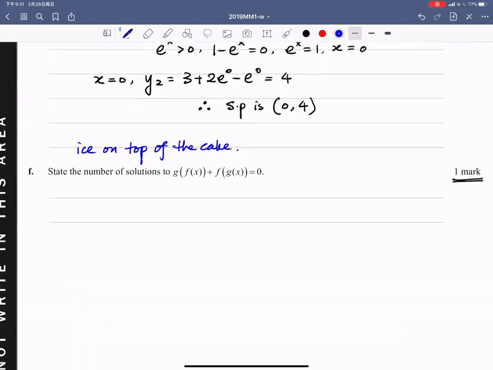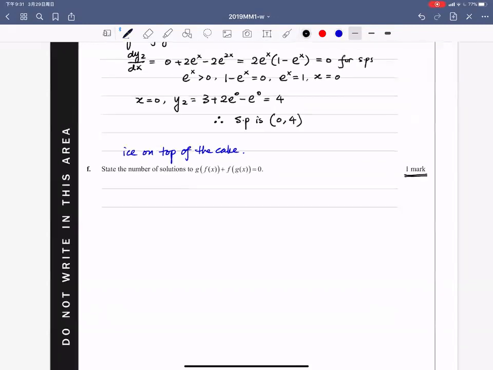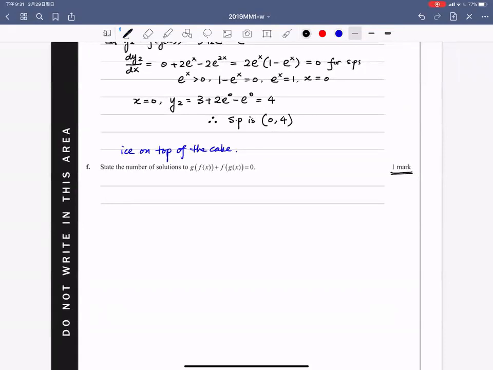Guessing the solutions. But actually, I'm going to do this question properly with a proper analysis with some nice diagrams. So g of f is my y1, f of g is my y2. I'm looking for y1 plus y2 equals 0, which, in the aspect of looking for points of intersection, I would make like that: y1 equals minus y2.